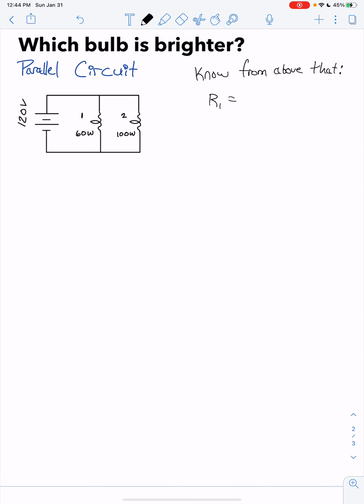So we've got a resistance 1 of 240 ohms. And we've got an R2 of 144 ohms. Okay, we also know that V1 is equal to V2, which is equal to V, and that is 120 volts, because they're in parallel.